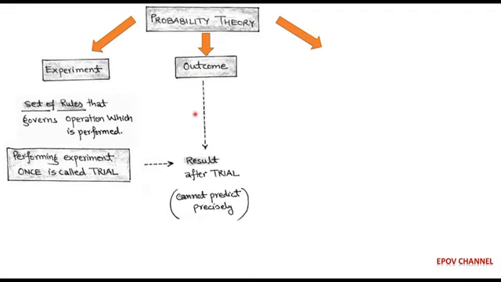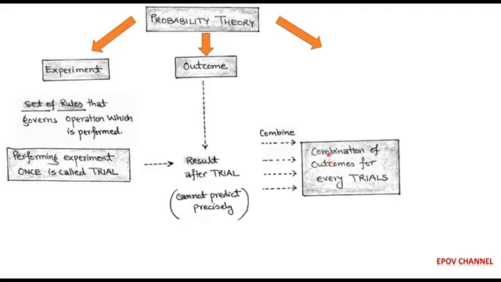So we can say that within an experiment there are a number of trials, and corresponding to these trials there comes a number of outcomes. And after combining all such outcomes for every trial, we call it an event. So in probability theory, for any experiment, we get some outcome, and the combination of outcomes for every trial we call the event of that experiment.